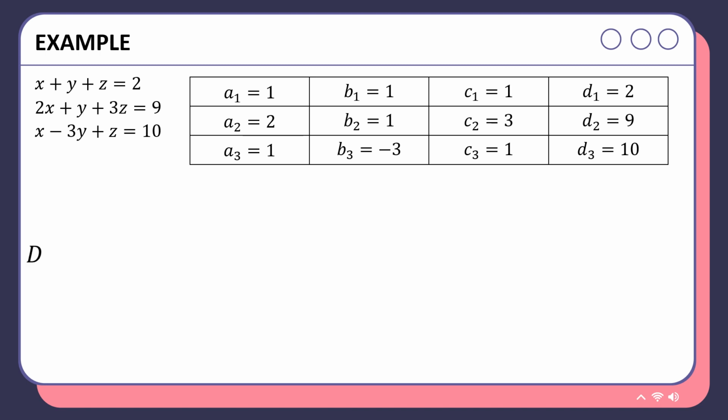The matrix of D is equal to 1, 2, and 1 for the numerical coefficients of x, 1, 1, and -3 for the numerical coefficients of y, and 1, 3, and 1 for the numerical coefficients of z.